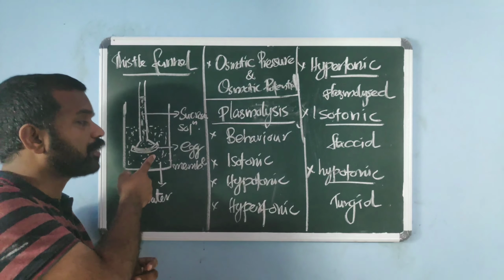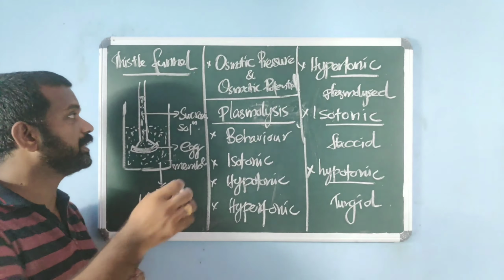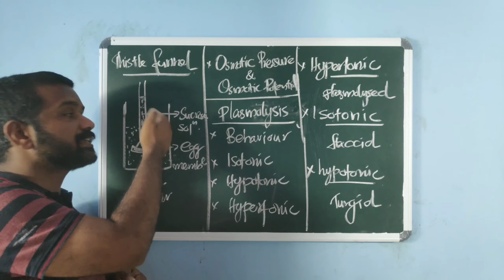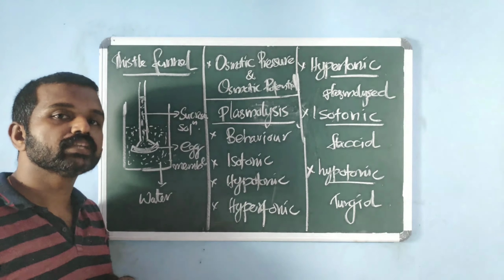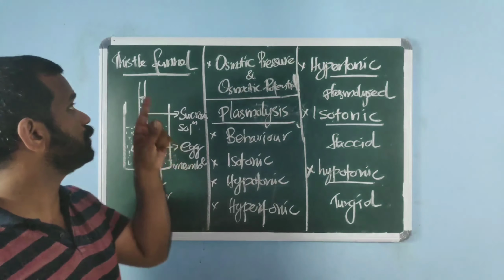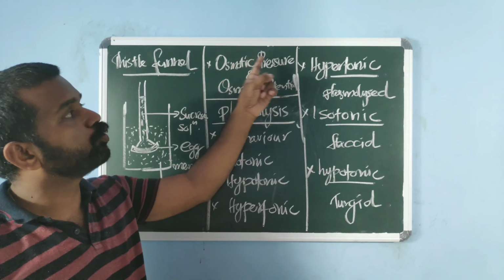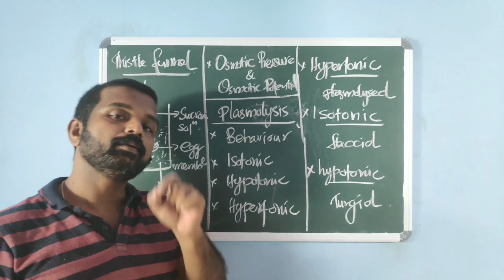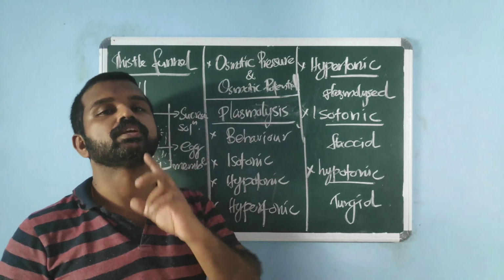That means water enters from the beaker into the thistle funnel, so the observation would be that the water level inside the funnel rises. This can be prevented by applying pressure on the water column in the funnel. That pressure is known as osmotic pressure, that is, the pressure which prevents water molecules from diffusing.